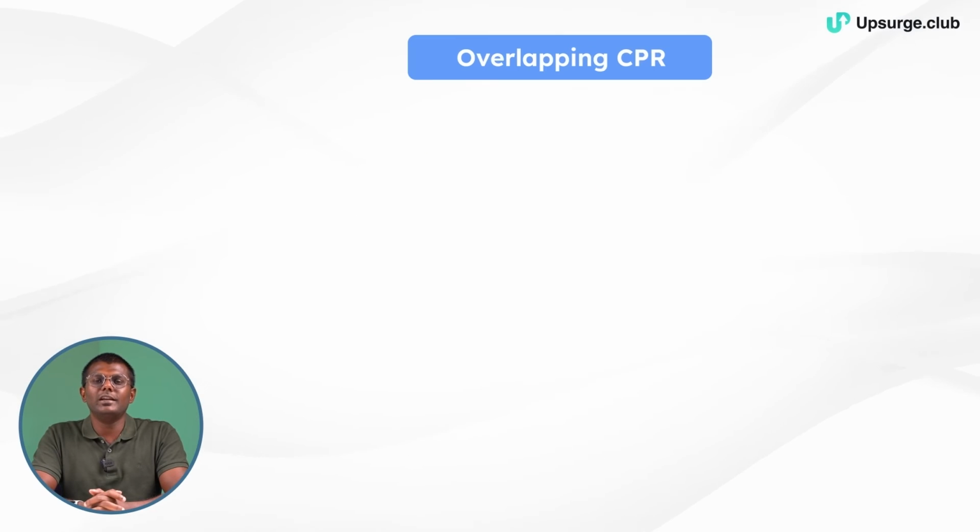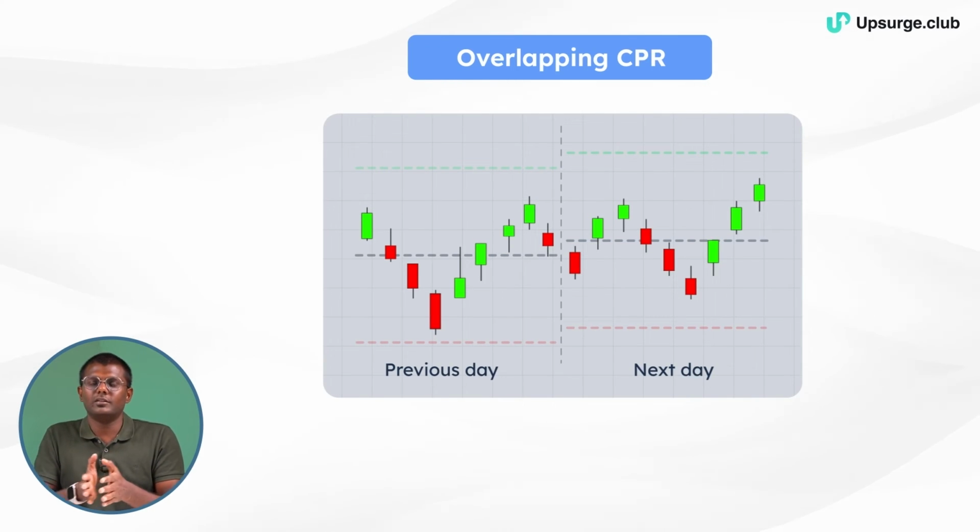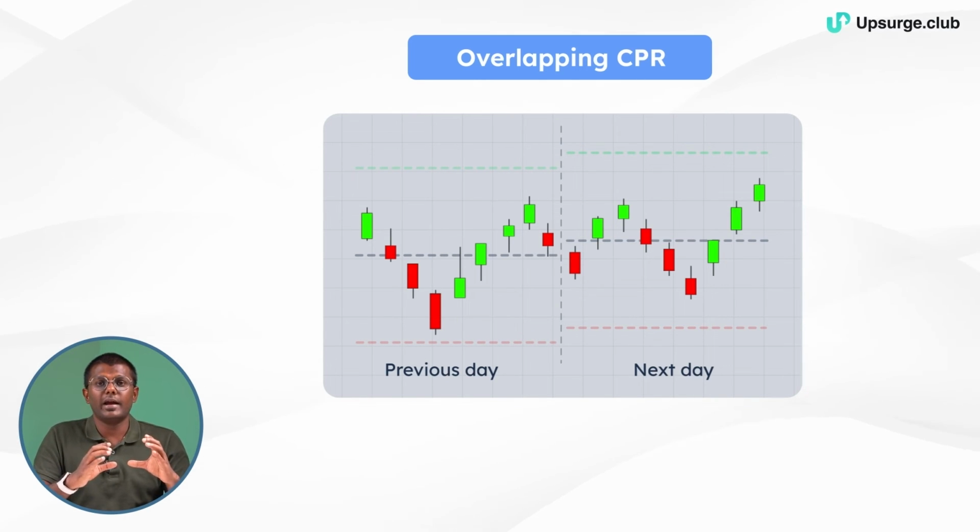Now let's talk about the overlapping CPR. What is an overlapping CPR? Let's say today's CPR levels and yesterday's CPR levels are overlapping each other. It should not be an inside CPR and it should not be an outside CPR. It should be overlapping each other.